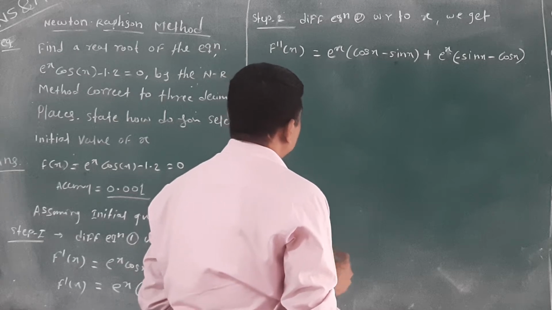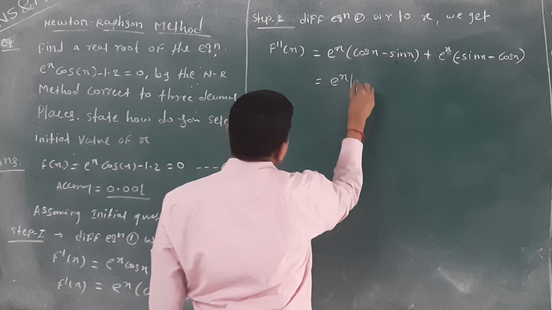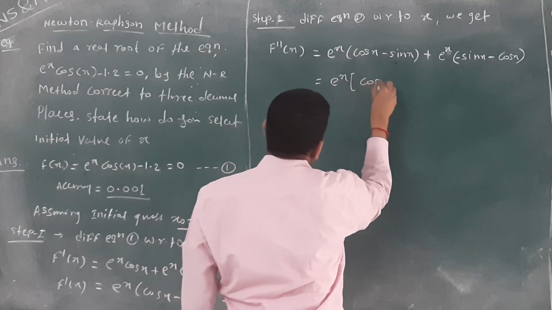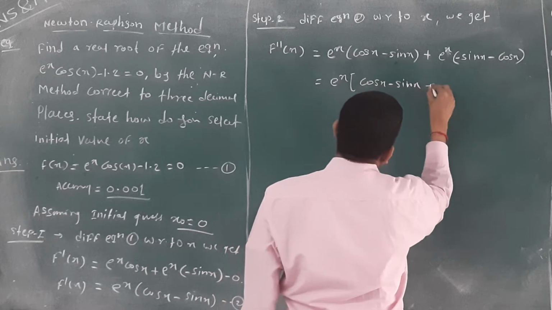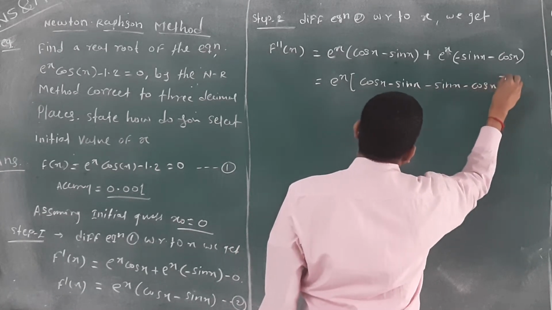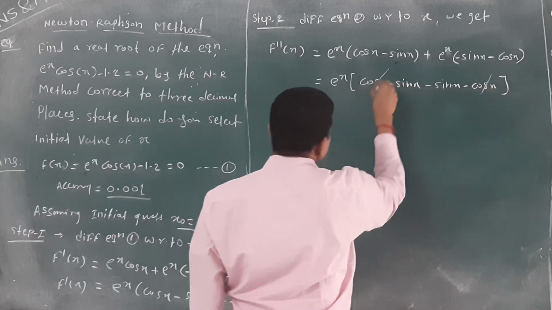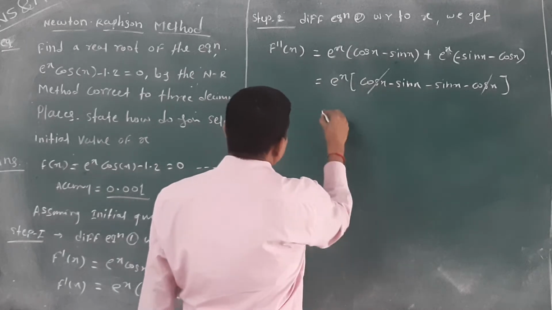Again, you can simplify that equation. We will take e^x common. Then check that: (cos x - sin x) then (-sin x - cos x). The minus cos x and plus cos x get cancelled, and you will get this equation.